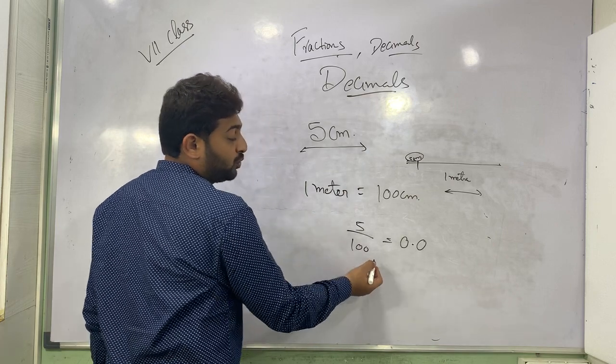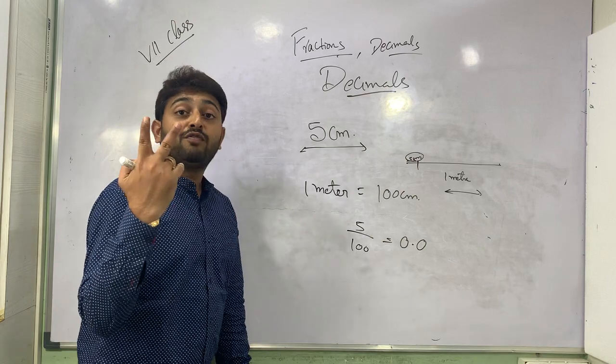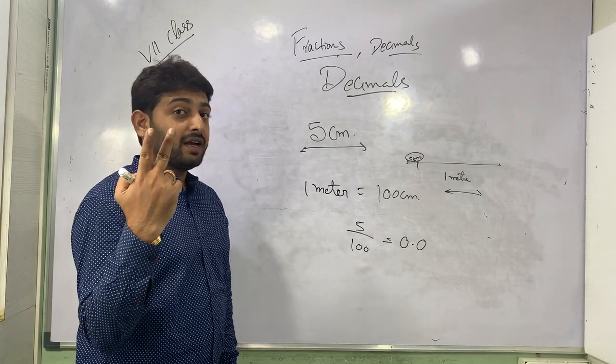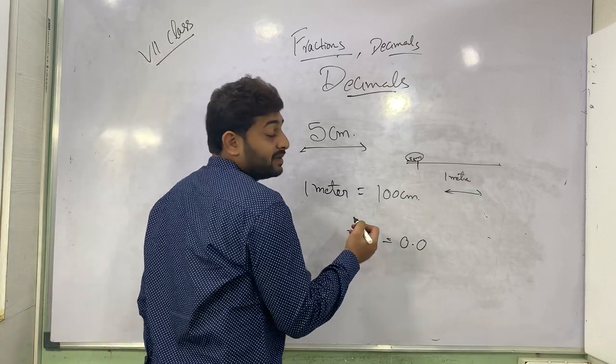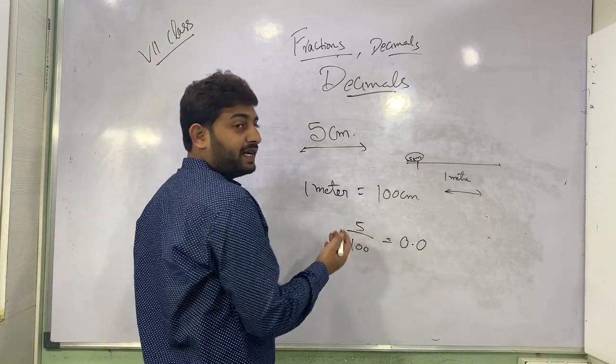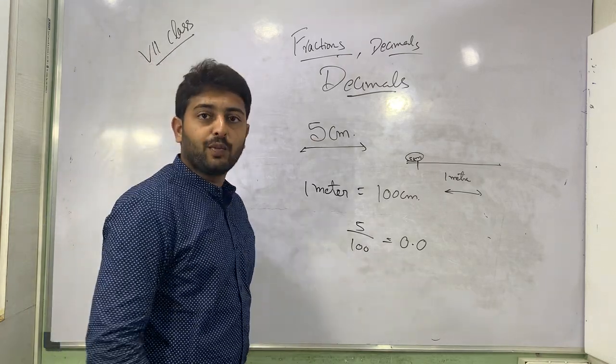I told you to take 2 digits, but there is only 1 digit over here. So you need to put the point before 2 digits. Before 5 there is no other digit, and after 5 there is no other digit. Only a single digit in the numerator.